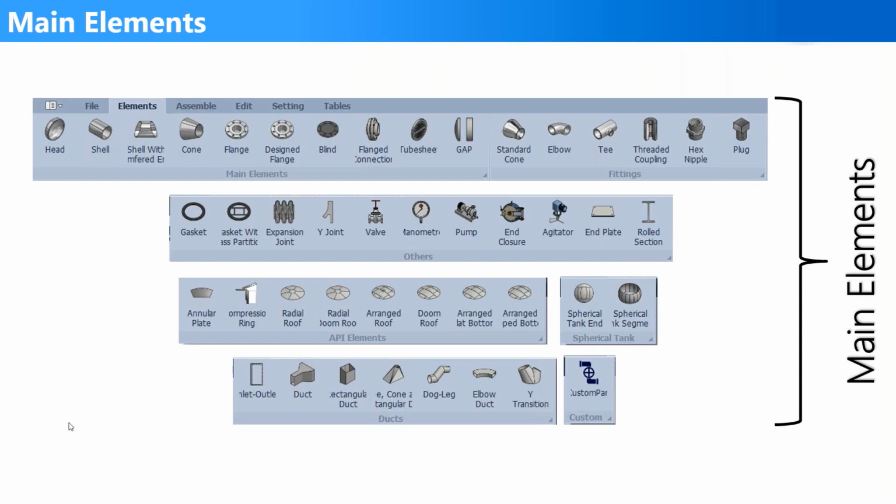Cone, the cones, standard flanges, designed flanges, which is the body flanges. You can use it on heat exchangers, on body flanges, on vessels. Blind flanges, flanged connections, which makes two connected flanges at one time with a gasket.